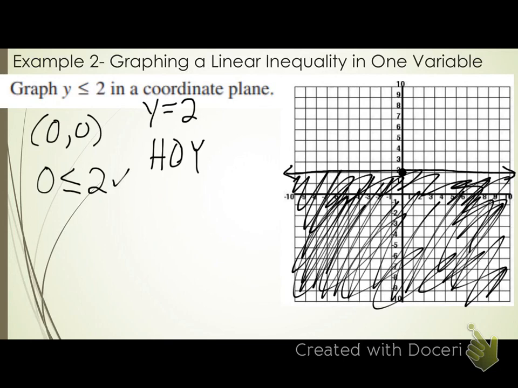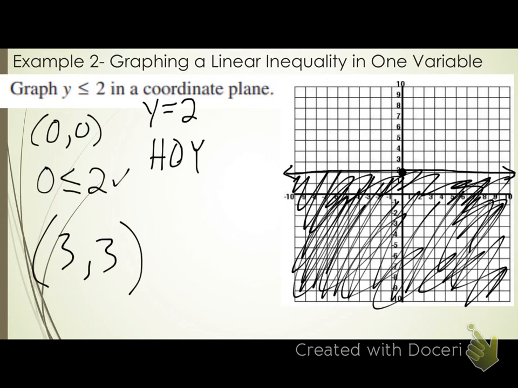Any questions on that? Let's say I picked a different ordered pair. Let's say I picked 3, 3. It's on the other side of the line, isn't it? You only have to pick one test point. I'm just showing you what would have happened if I picked a point on the other side of the line.